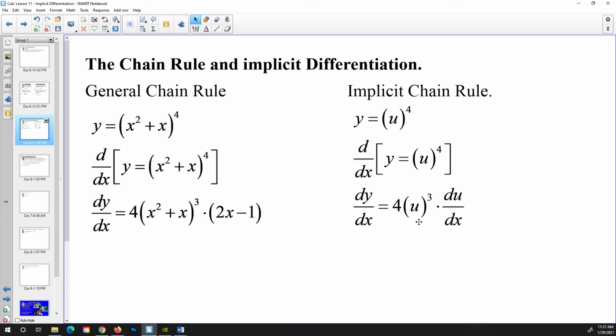Since I don't know what this expression is, I have to have a placeholder. So this du over dx right here is the placeholder for this 2x plus 1 right there. So we just need to have that so that we know that we've completed the chain rule correctly.